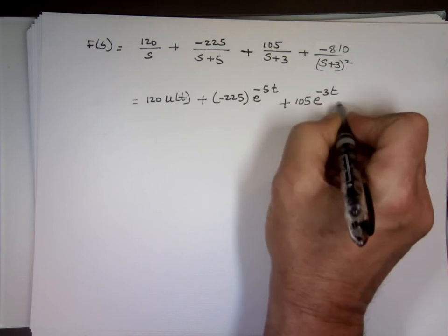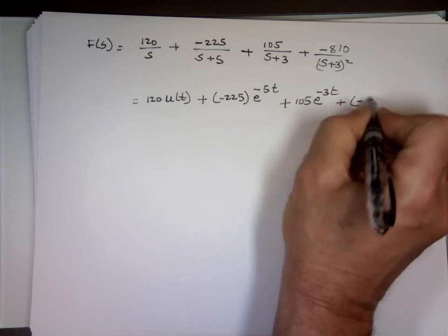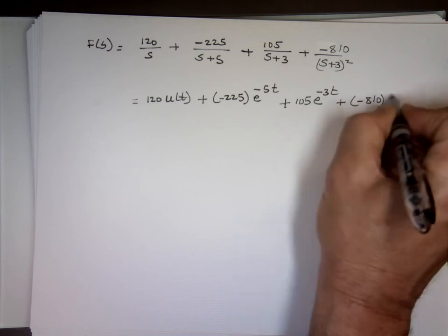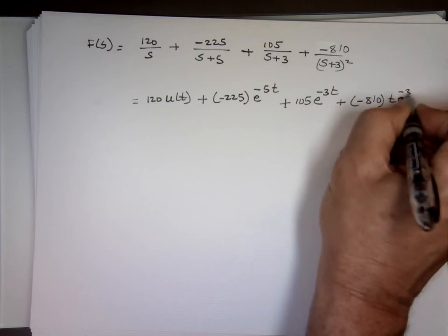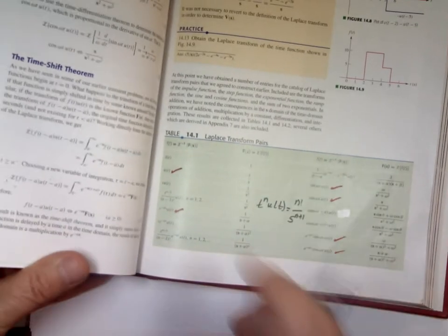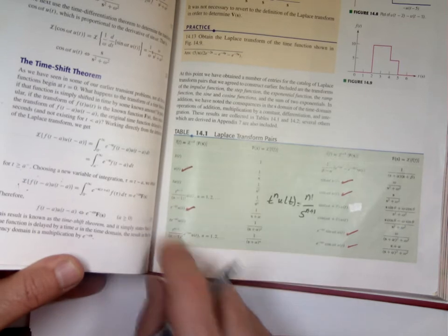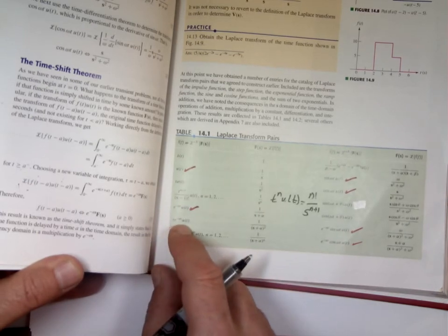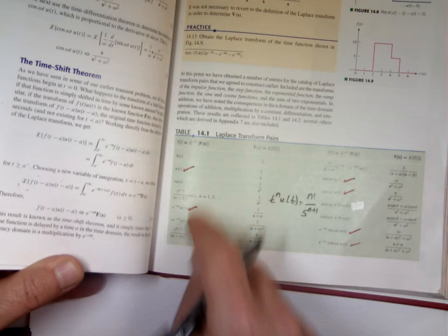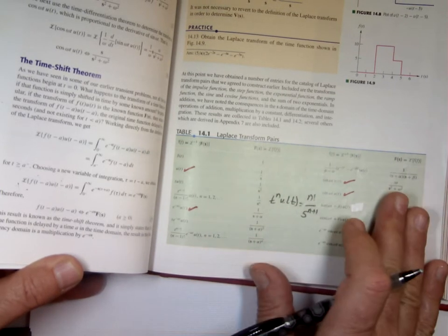Negative 810. Isn't that t e to the negative 3t? Let's see if we have that. The inverse Laplace of 1 over s plus alpha squared is t e to the minus alpha t u sub t. Notice all of these have u sub t in them. In math, they don't have u sub t. Again, in circuits, we have u sub t because when you go to the lab and build that, that's time equals 0.